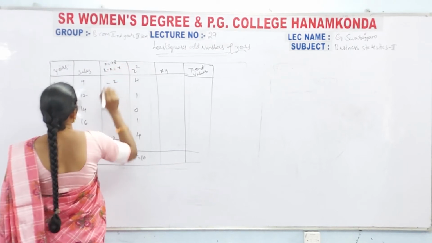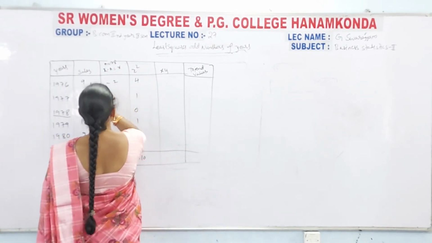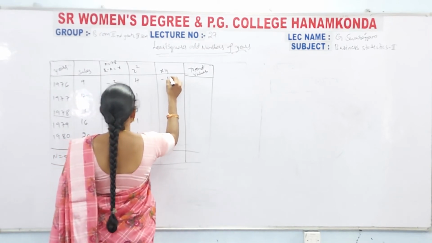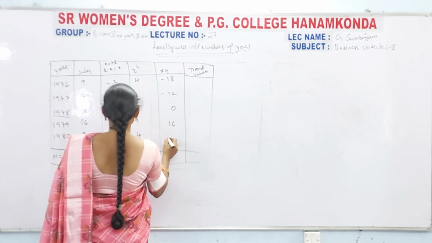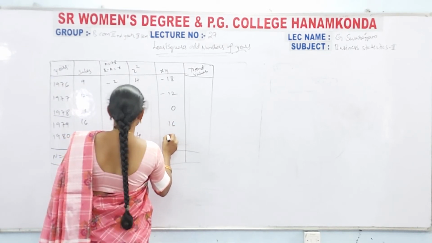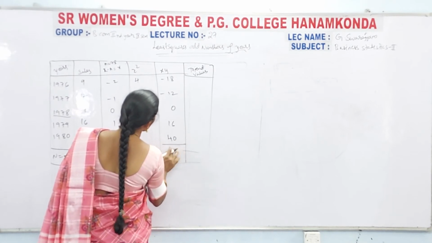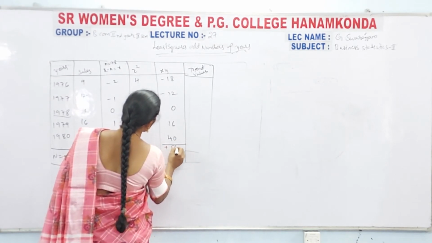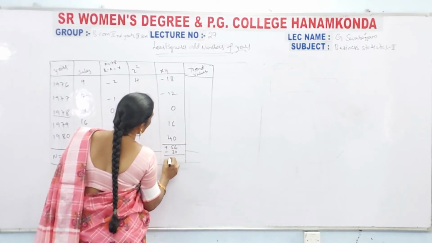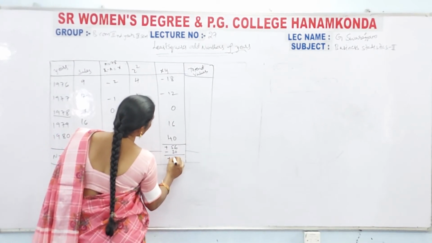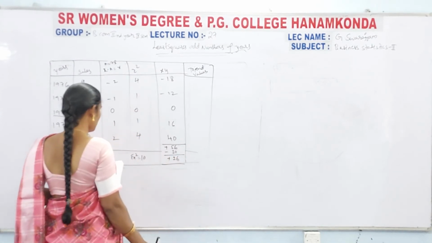So xy: minus 2 into 9 is minus 18, minus 12, 0, 16, 40. Okay, so minus values here, plus values: plus 56 minus 30 is 26.